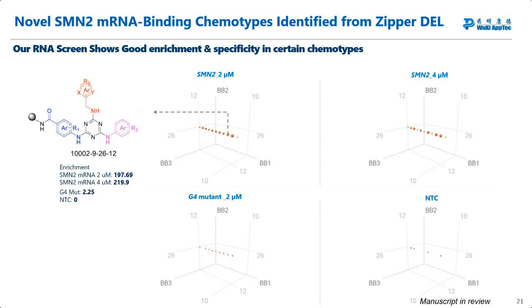So from this data, you can see that this compound is significantly enriched in SMN2, but in the no target control and the G4 mutant control, the enrichment was either not visualized or dramatically decreased, indicating the binding might be specific to SMN2.